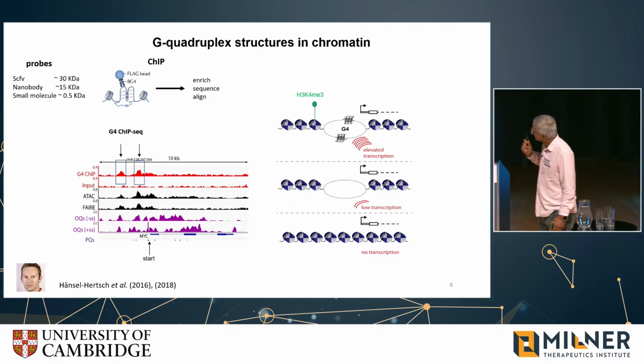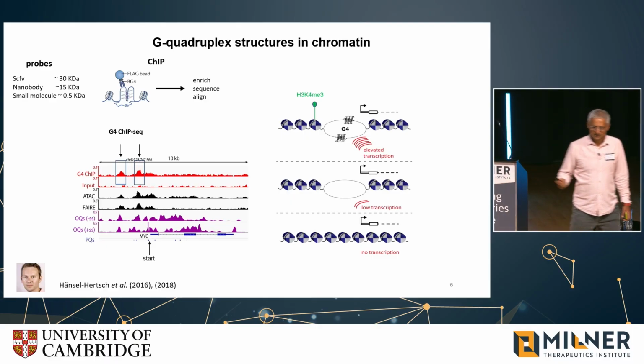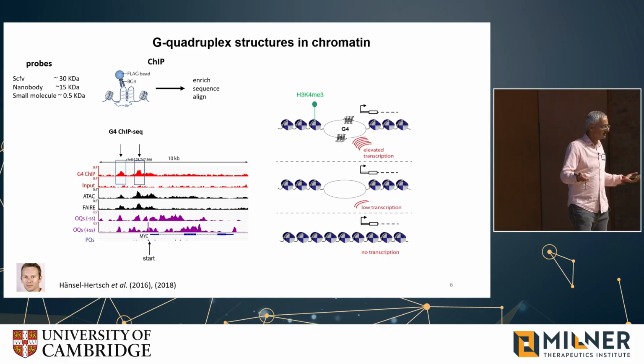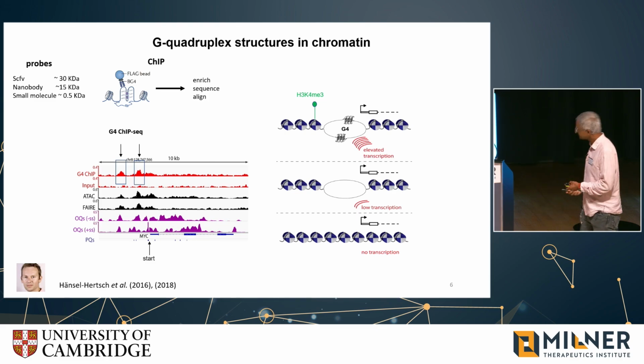And if you do sort of lineage tracing of stem cells as you differentiate them, you can monitor the dynamics of the formation and the unformation of these structures at genes as they become activated or inactivated during this transcriptional reprogramming.